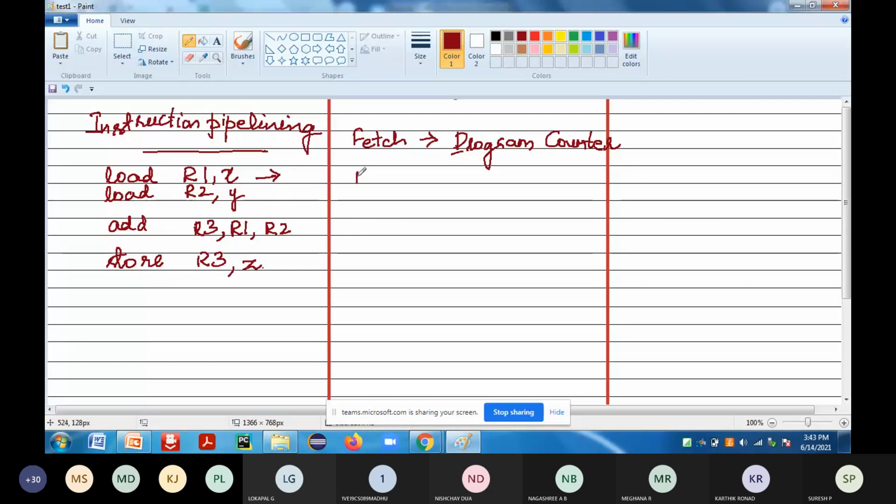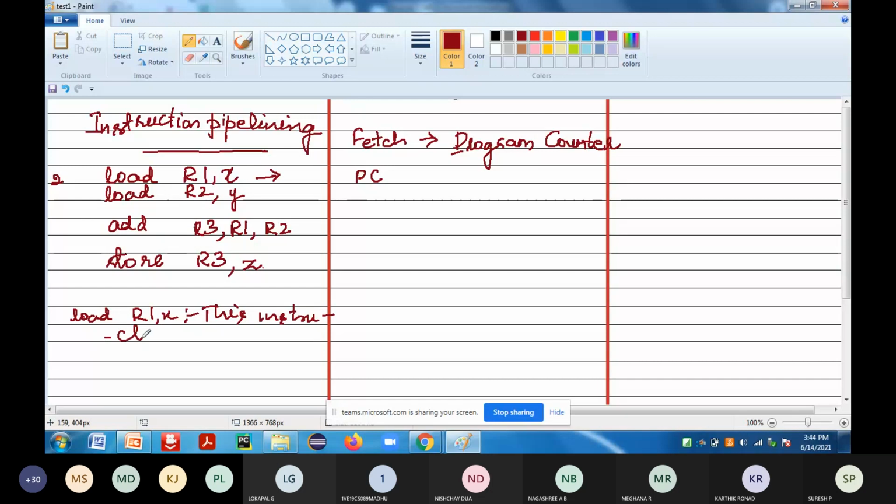That depends upon the type and size of the instruction. Even if we take load R1 comma X, this instruction is a machine language instruction.